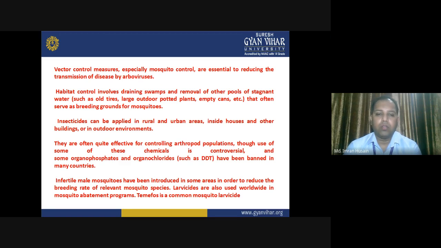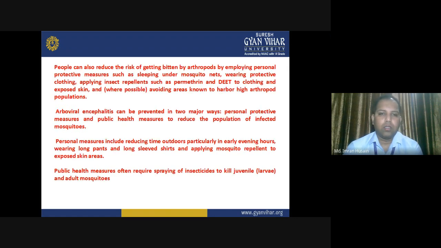Sterile male mosquitoes have been introduced in some areas in order to reduce the breeding rate of relevant mosquito species. Larvicides are also used worldwide in mosquito control programs. So, special steps are being taken.